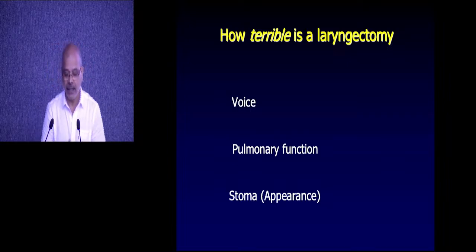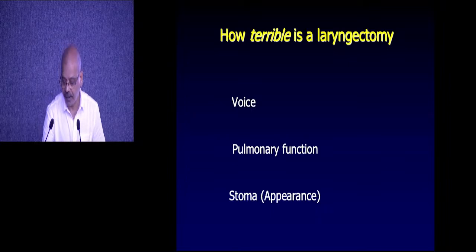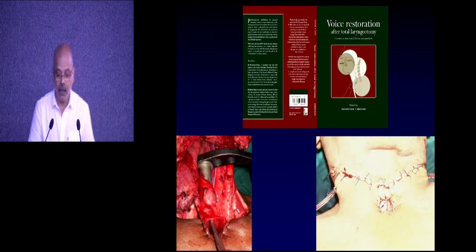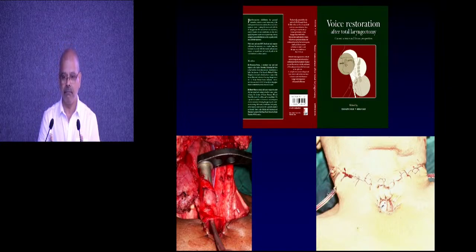There may be a lot of sequelae of a total laryngectomy, but primarily we're talking of three things: voice, pulmonary function, and the negative body image which occurs because of the stoma, or what we call the appearance. Finally, surgeons woke up to the fact that they need to do something more about these surgeries. So primary voice restoration became popular.